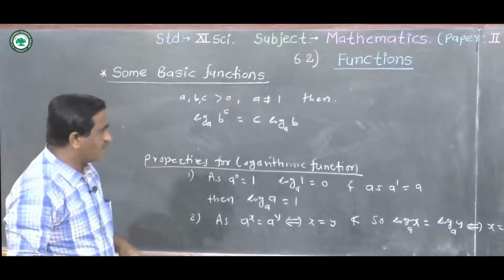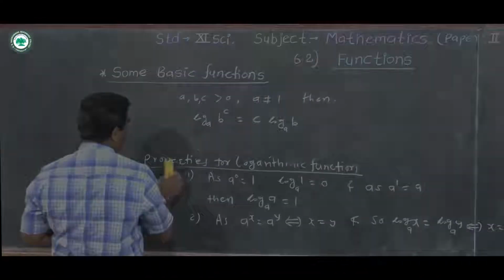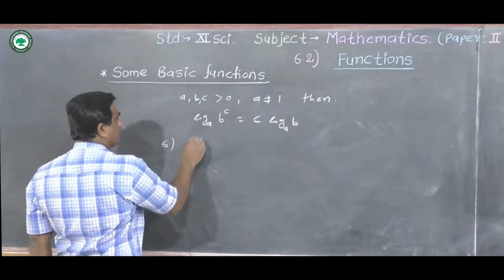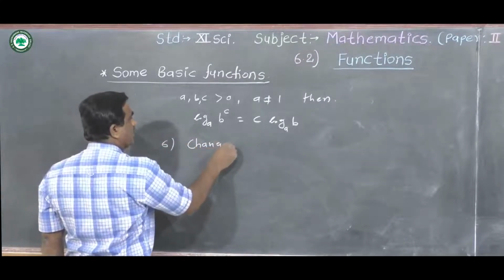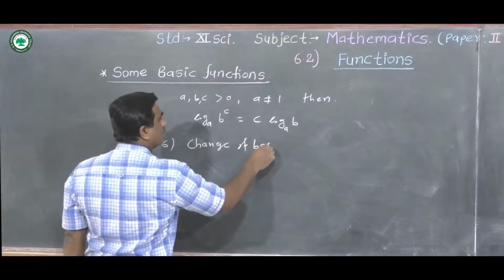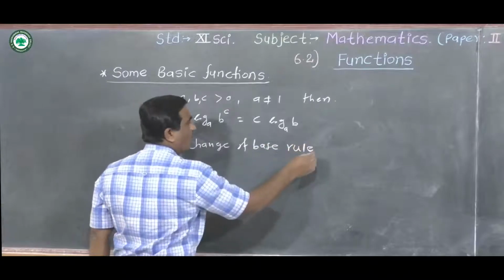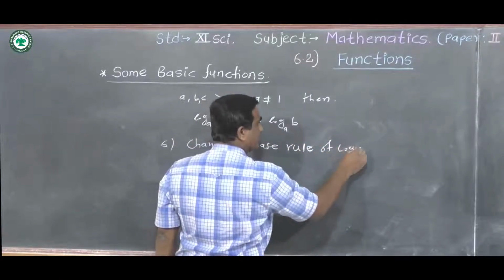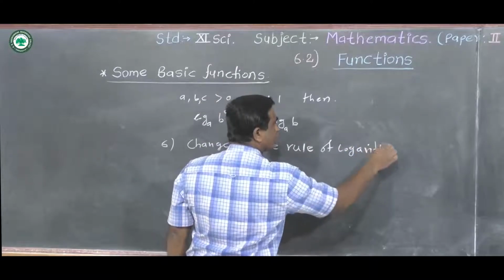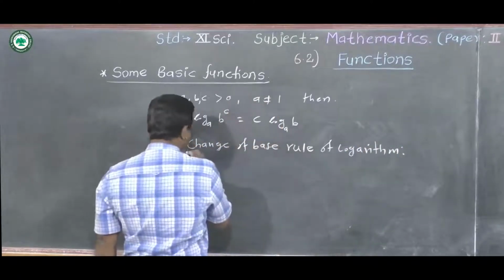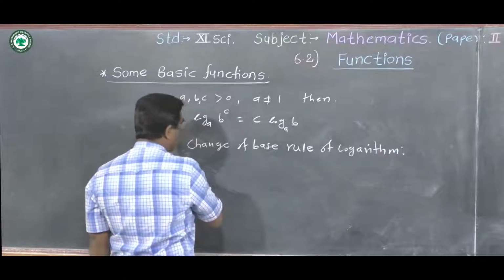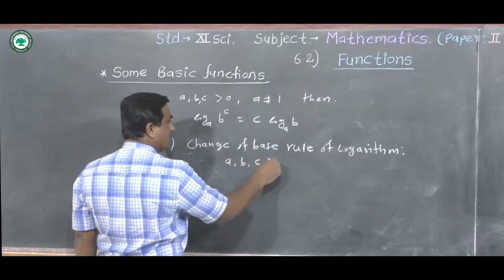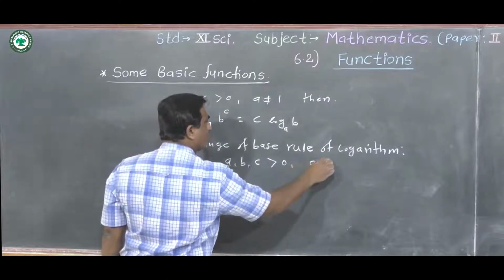Now number 6 is the change of base rule of logarithm. Here also we consider three numbers a, b, c greater than 0, a is not equal to 1.